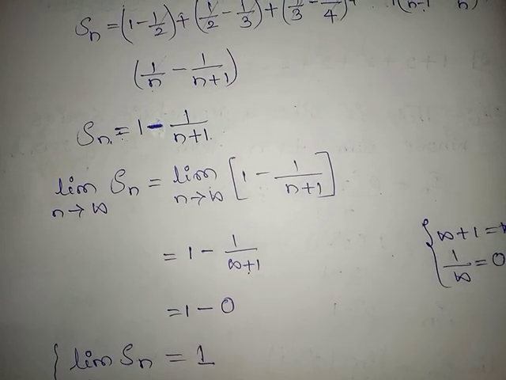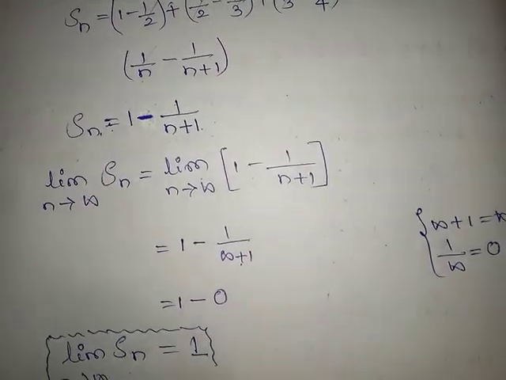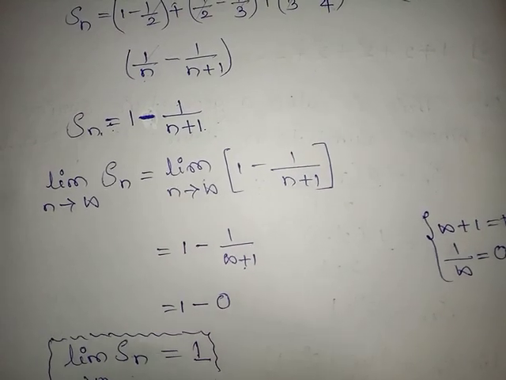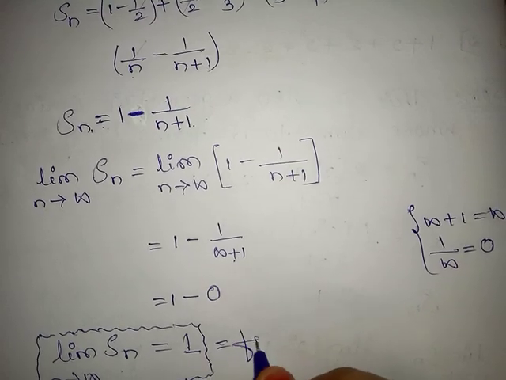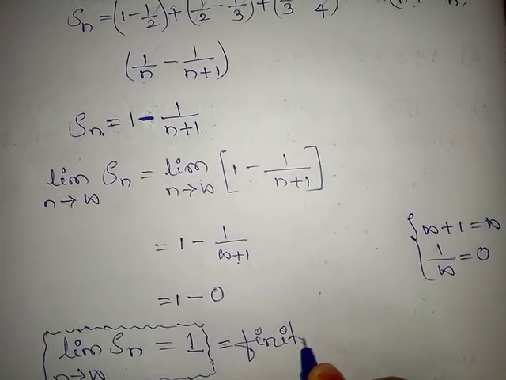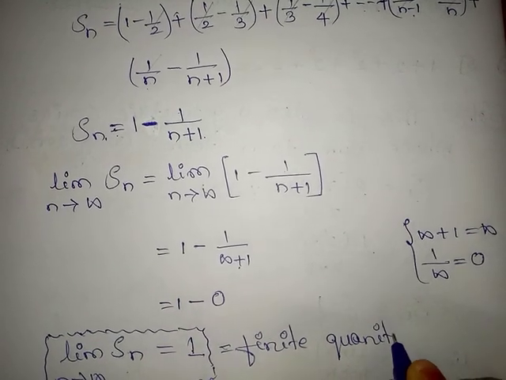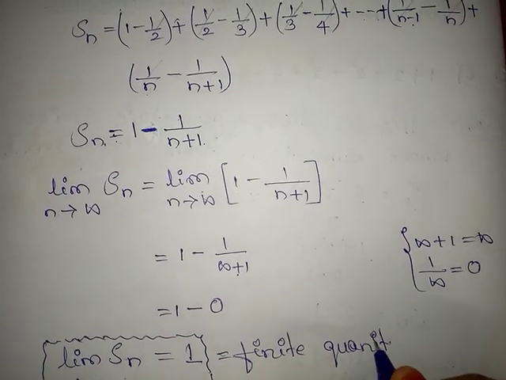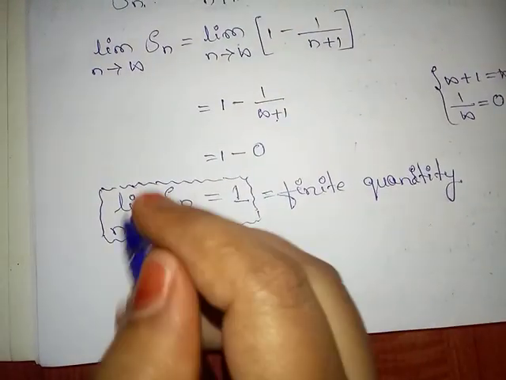We know that 1 is what? A finite number. 1 is a finite quantity.